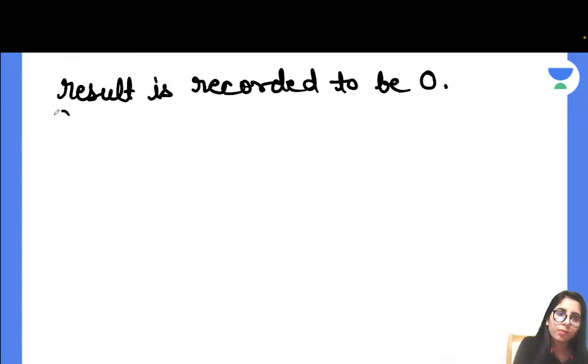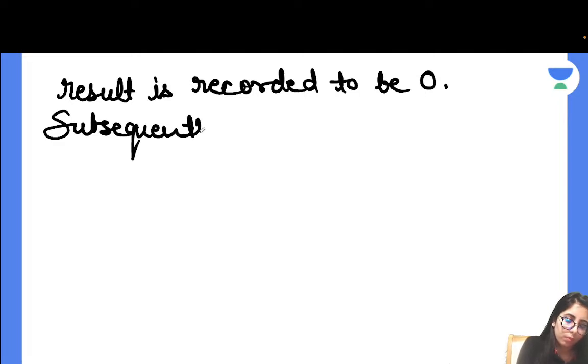Subsequently, a measurement of energy is performed.